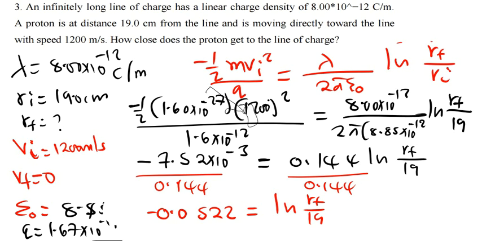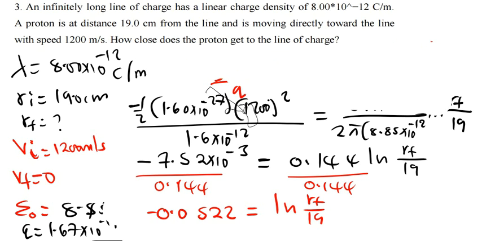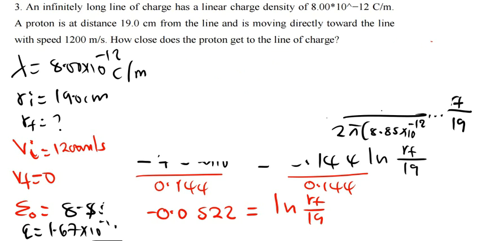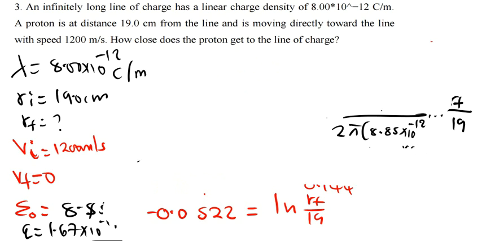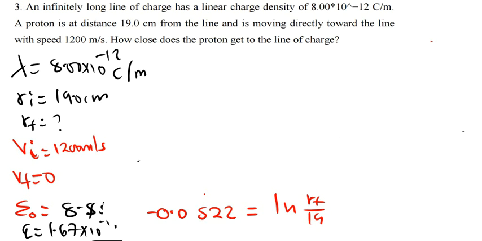One thing we should understand when we're talking about ln, natural log, is this. Natural log is always in base E. So we have 19 is equal to negative 0.0522.